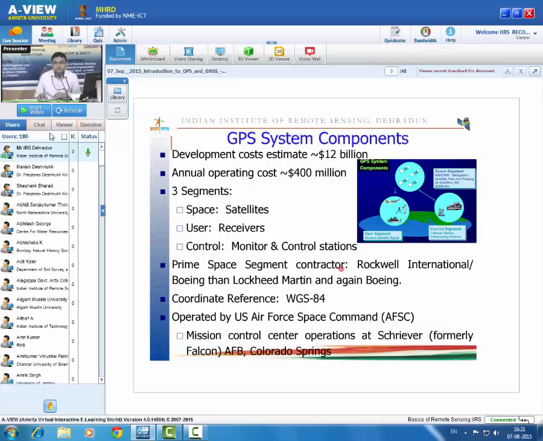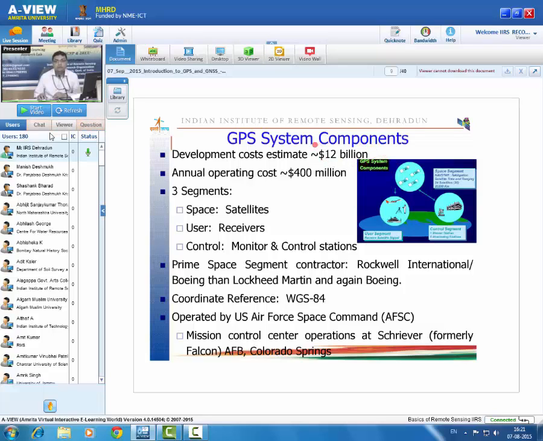The primary space contractor that built the system was Rockwell International. Then it shifted to Boeing, and currently Lockheed Martin is making the GPS systems. The coordinate reference used here is WGS84, as I have already told, which is the best fit ellipsoid for the entire Earth. There has been a huge cost of about $12 billion.